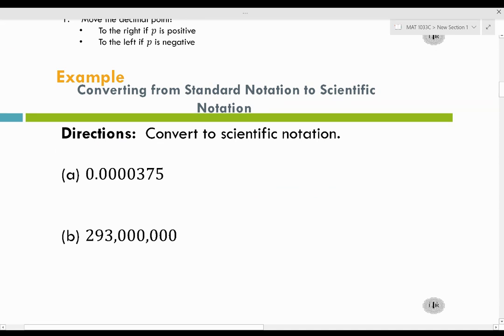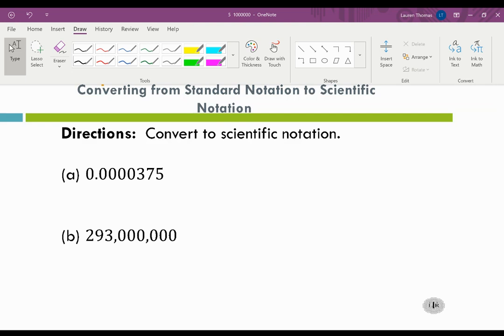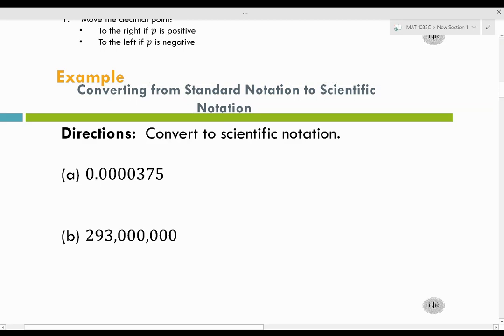All right, so let's change our pen color. So this first number, okay? Remember, they said any number that's in scientific notation has to be in this form, n times 10 to the p power. And remember, n has to be a number that's between 1 and 10, okay? So we have to keep that in mind.